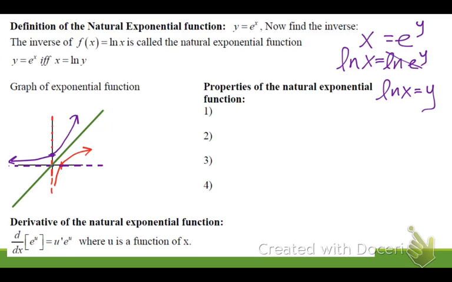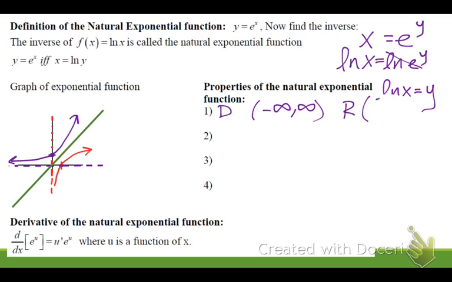The properties of natural exponential functions: there are 4 properties, and they're very similar to the logarithmic ones. You've probably learned them already. The domain of the natural exponential function is from negative infinity to infinity. So this is the purple one that we just drew. What's the range of that natural exponential function? Everything greater than 0. Good.